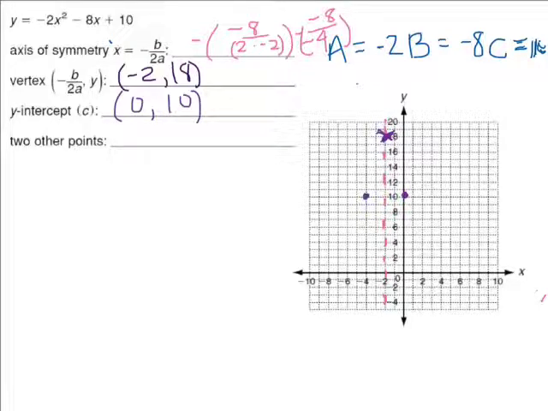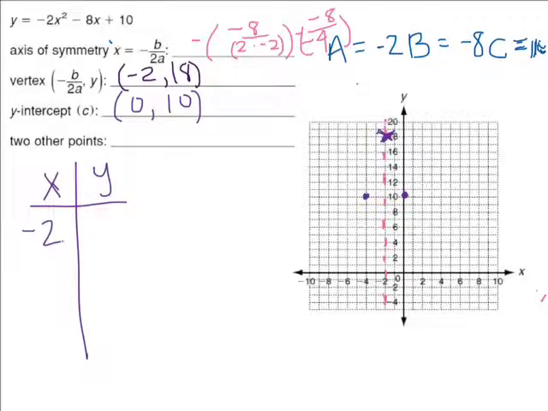Alright, now this is where we get to put in the other points. We're going to do x and we're going to do y. We already know that we have negative 2 and 18, 0 and 10, and we need a negative 1 and a 1. So negative 1, I'm going to do it in my head so I don't have to write it all out.